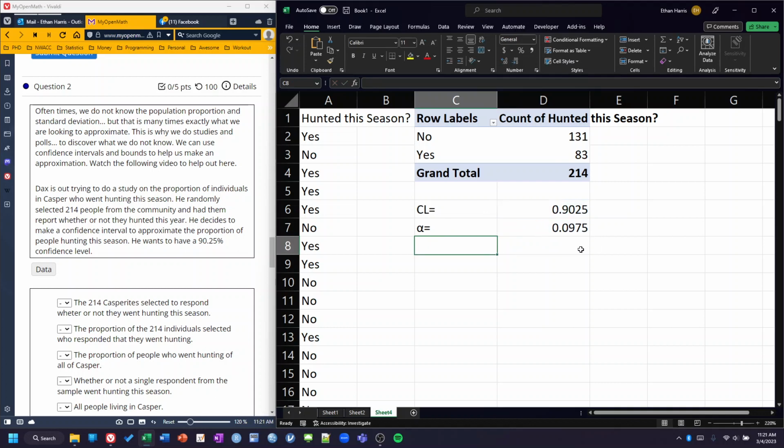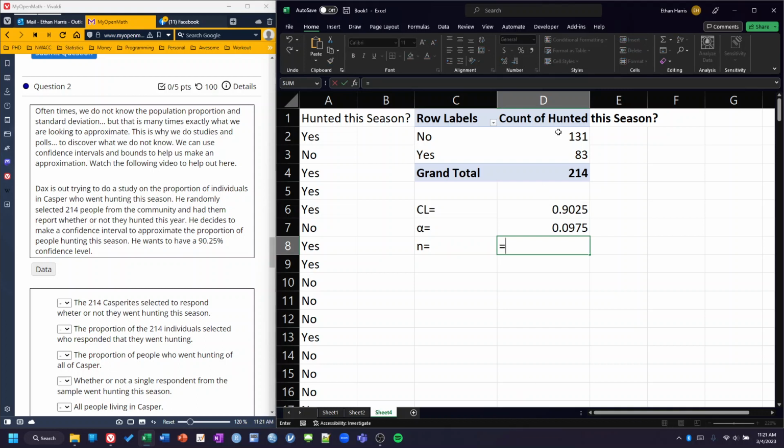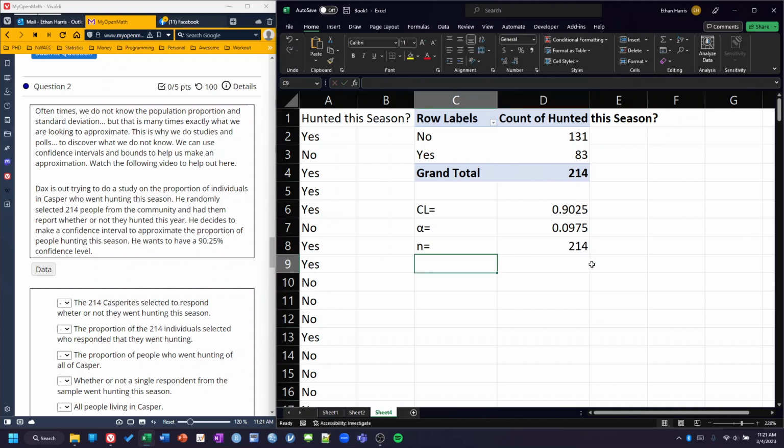So we have our alpha of 0.0975. While we're here, just before we move too much further, we can say that n is our sample size, and that's just going to be equal to 214. I click on it, it pops up a big equation. Don't worry about it. Just hit enter, and we get 214.